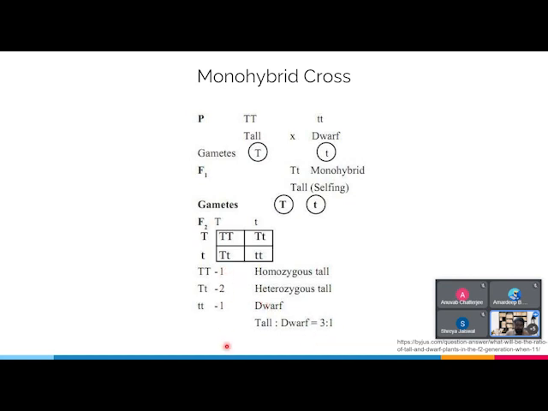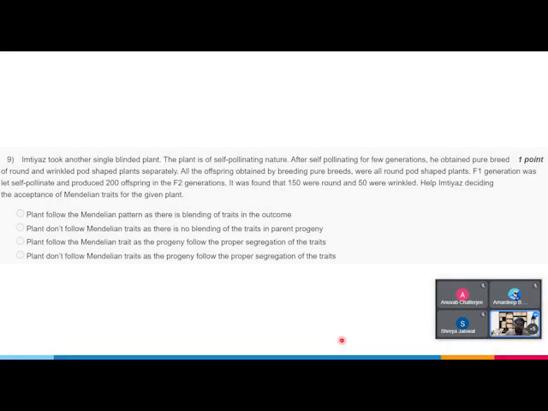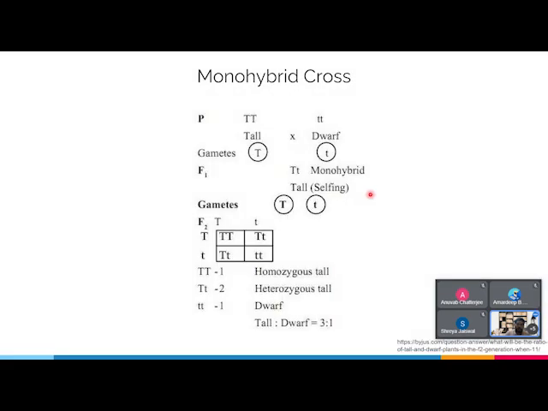Normal monohybrid cross. And since the phenotypic ratio is 3 is to 1, we can go ahead and see that it is indeed 3 is to 1 in the experiment he did: 150 round and 50 wrinkled. The ratio is 3 is to 1. So essentially a monohybrid cross is what he did, and the plants did follow the Mendelian pattern. But exactly what Mendelian pattern did they follow?